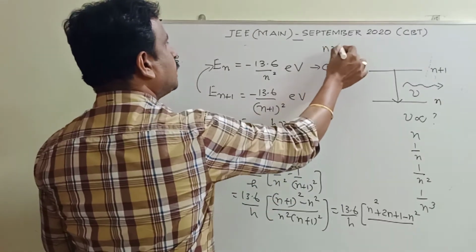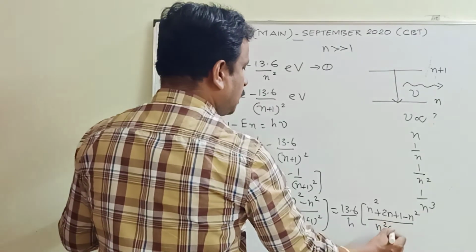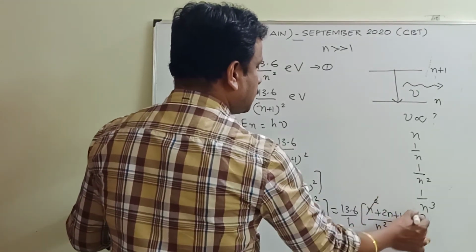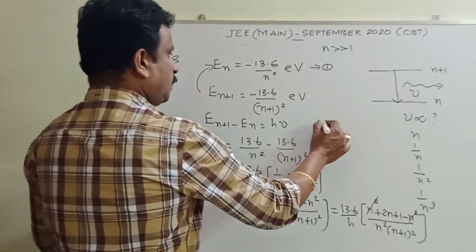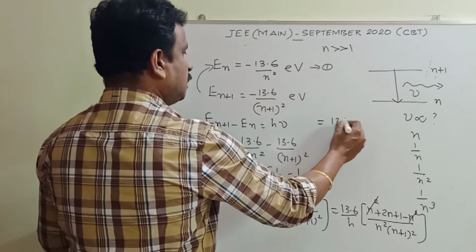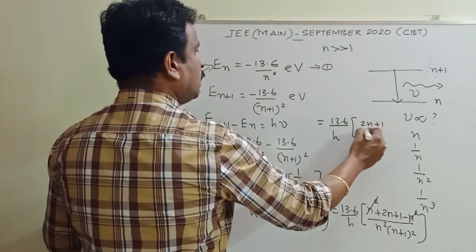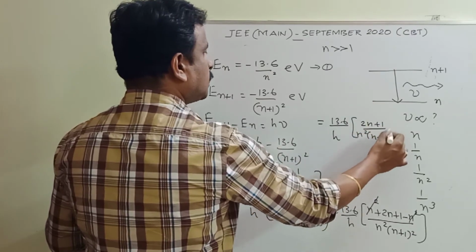So hint is given, n is far greater than 1. So divided by n square into n plus 1 the whole square. Okay. So here I can cancel the term n square. So your answer will be 13.6 divided by h into 2n plus 1 divided by n square into n plus 1 the whole square. Am I right?